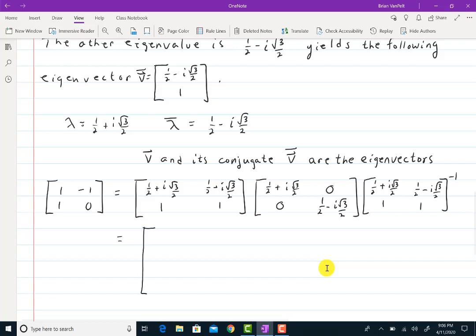I think I'm going to give myself a lot of space here. So I'm going to have 1/2 plus i radical 3 over 2 times 1/2 plus i radical 3 over 2. Of course, then the 0 didn't do much here. Then for this, when I do this row with this column here, all I'm going to have is 1/2 minus i radical 3 over 2 times itself.